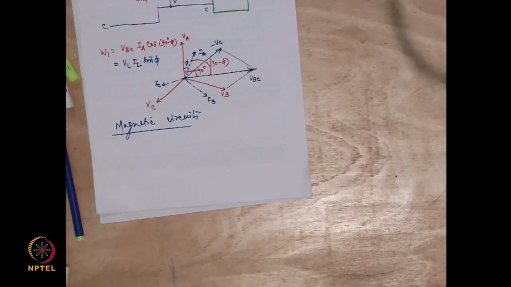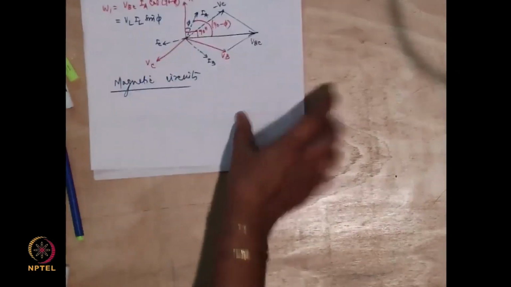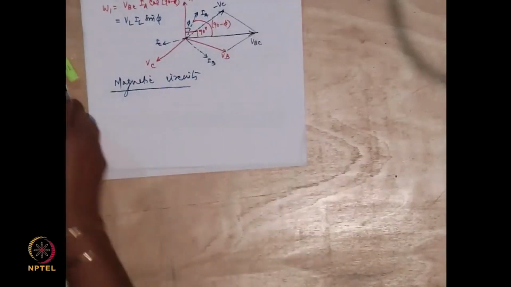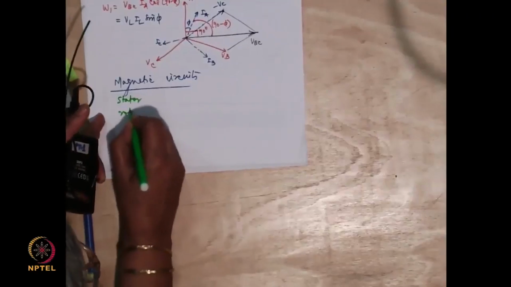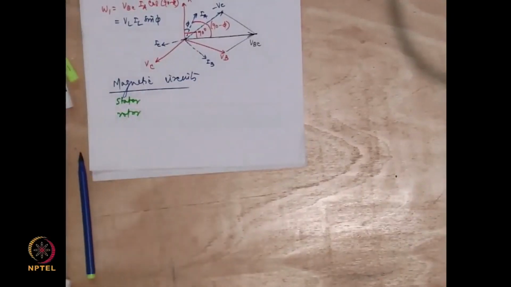Okay. If you look at any electrical machine, I'm going to have two portions. One is a stator, the other one is a rotor. All of you know the basic principle of electromechanical energy conversion.